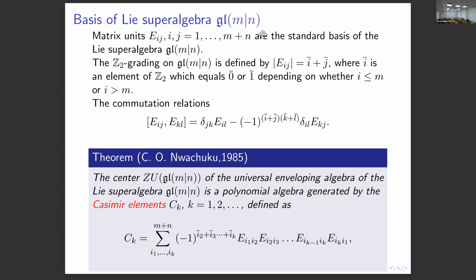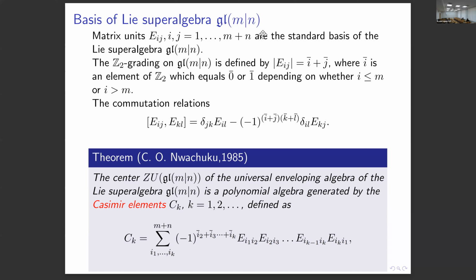The bar is only put over indices from 1 to m plus n, the dimensions of the matrix. So 1 bar through m bar is 0, and m plus 1 bar through m plus n bar is 1. There is I bar and J bar, but a bar on the 0 and 1 is meaningless.